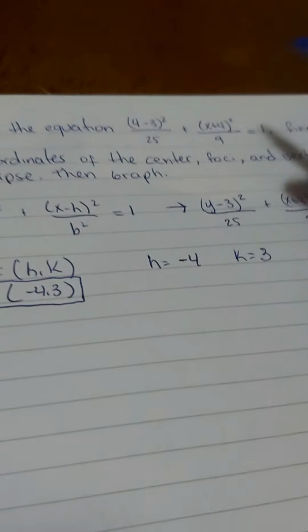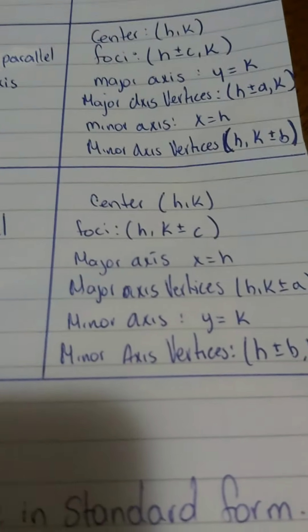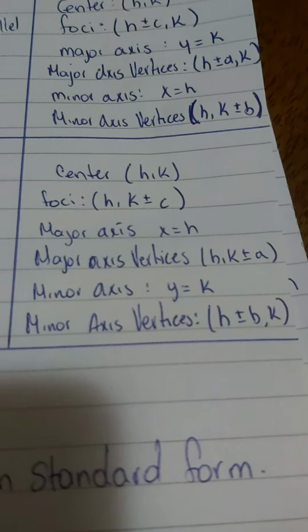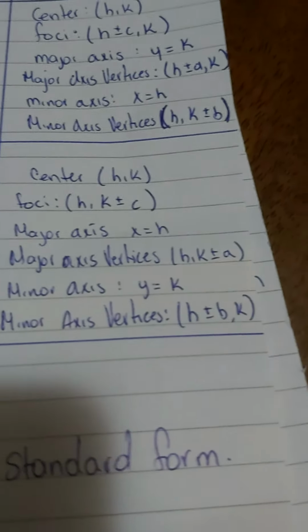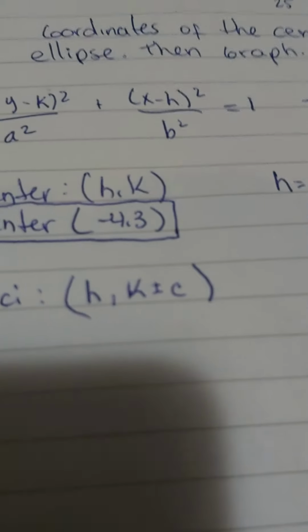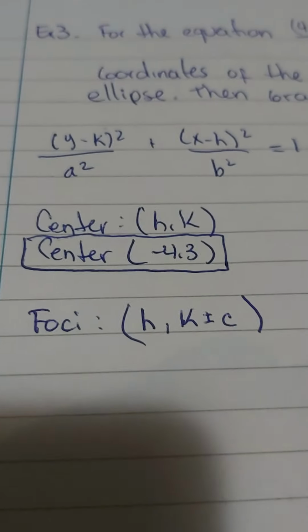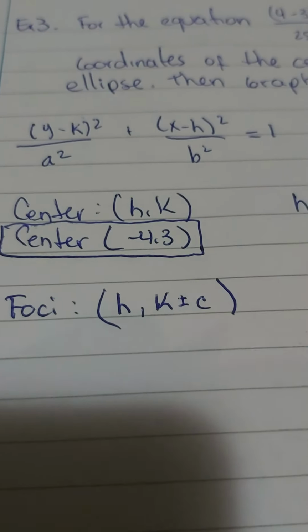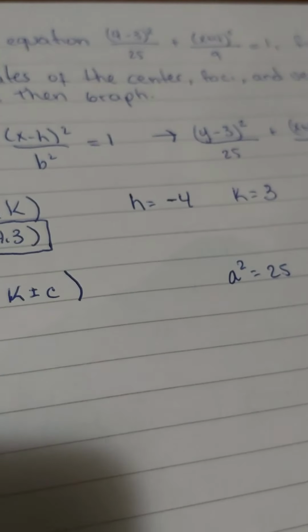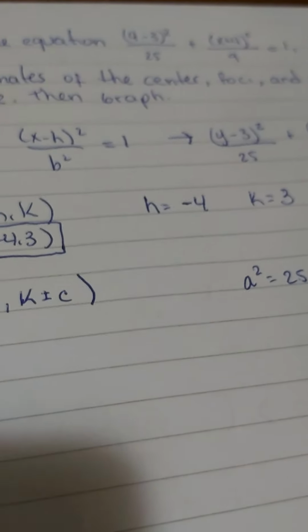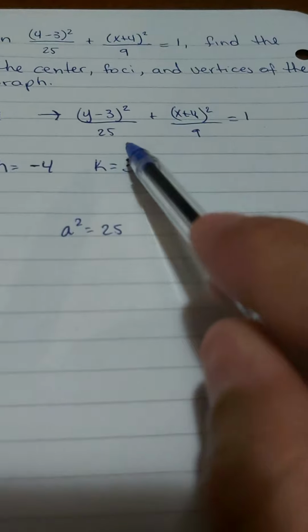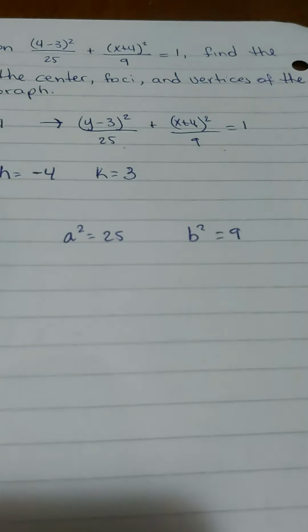Okay, so that's our center. So we're done with the center. Now, the foci. The foci are located, in this case, at (h, k plus or minus c). Now notice, in this case, a squared equals 25 and b squared equals 9.